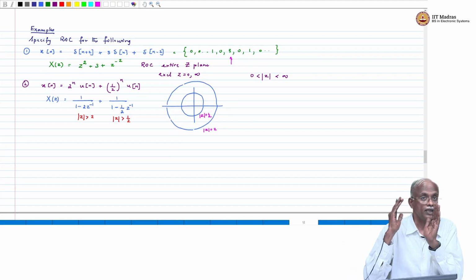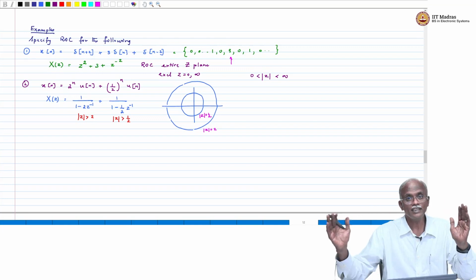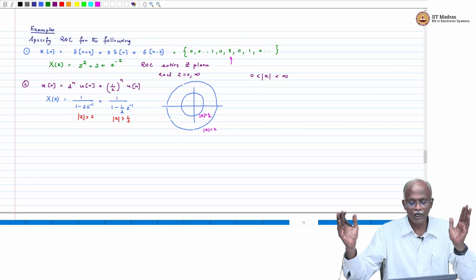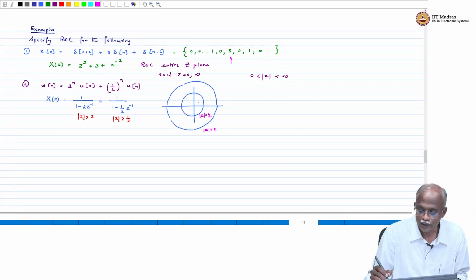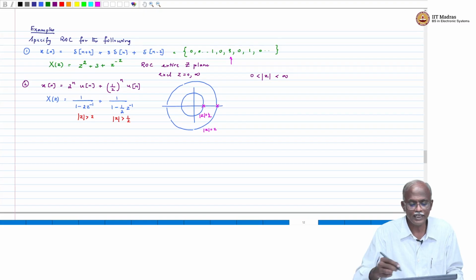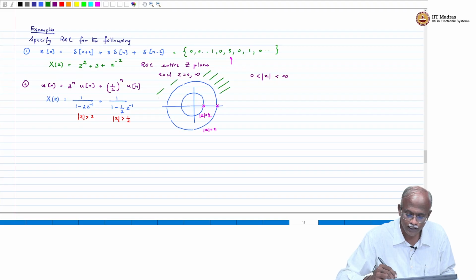When you have multiple right-sided sequences, you are looking for the region where both sequences exist. So you must look for the outermost pole. The first pole occurs at z equal to 2, the other one at z equal to half, the outermost pole is z equal to 2. So the region of convergence will be mod z greater than 2. So basically the region outside of the outer circle.